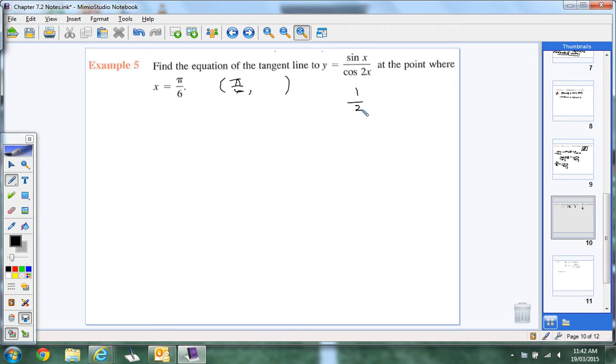Now, 2 times pi over 6 is what? 2 pi over 6, which reduces to pi over 3. So what's cosine of pi over 3? 1/2 again. What's 1/2 over 1/2? 1. So we got our y is 1.